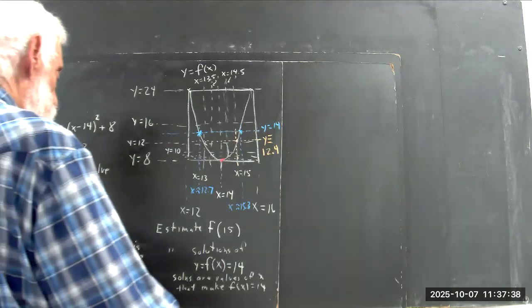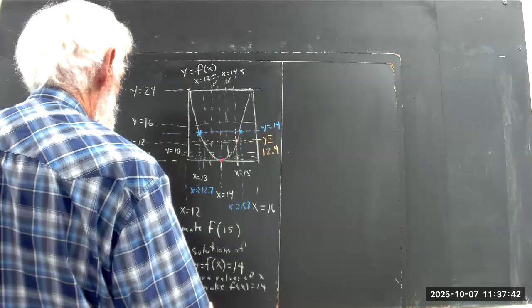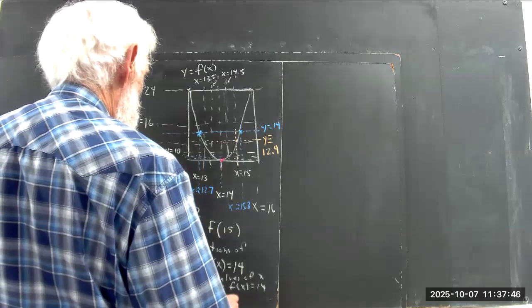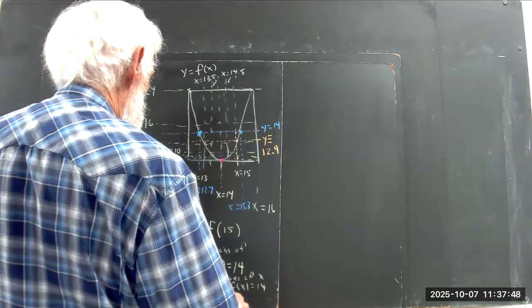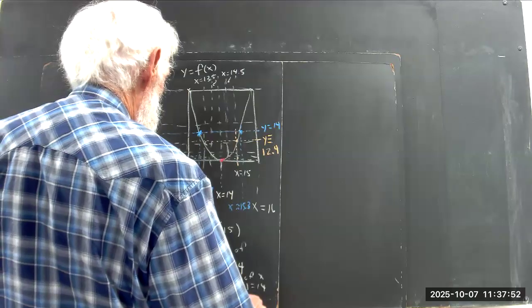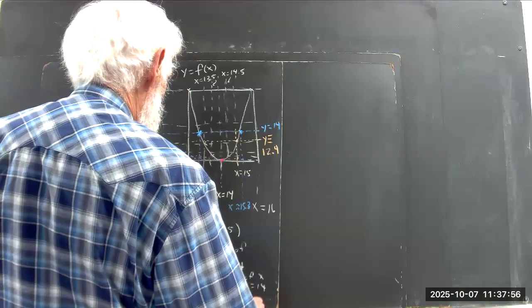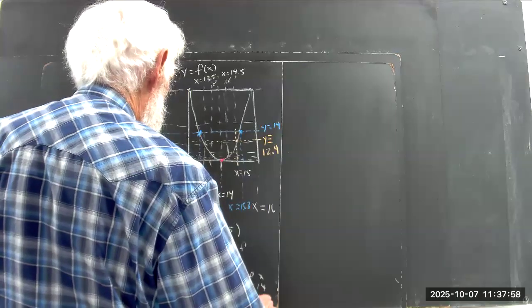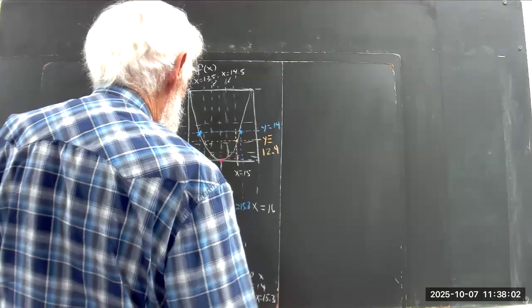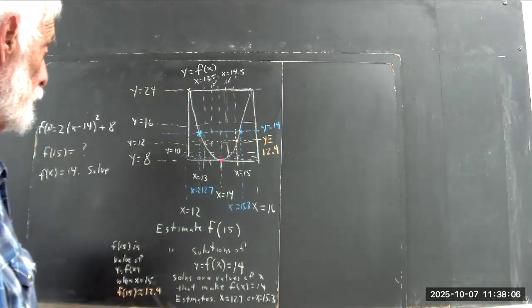So our estimates are x equals 12.7, x equals 15.3.